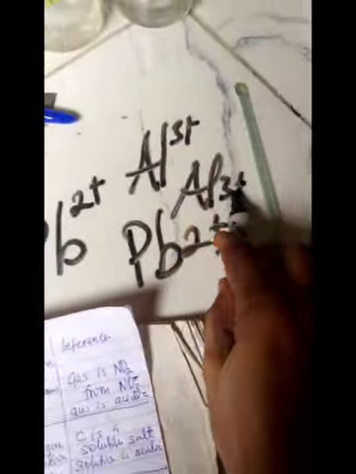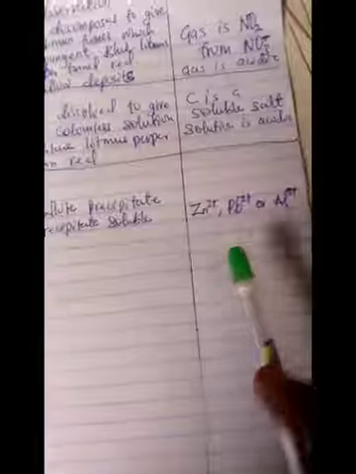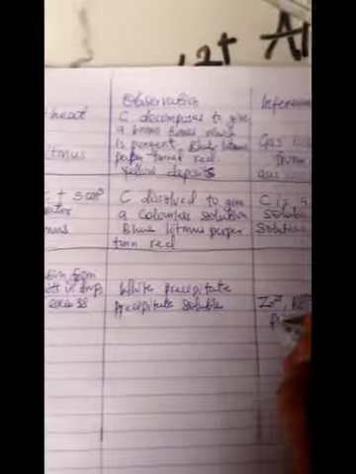This is normal script, this is superscript. Take note of that. So zinc ion, lead ion, and aluminum ion present. Although NECO will rule it for you.